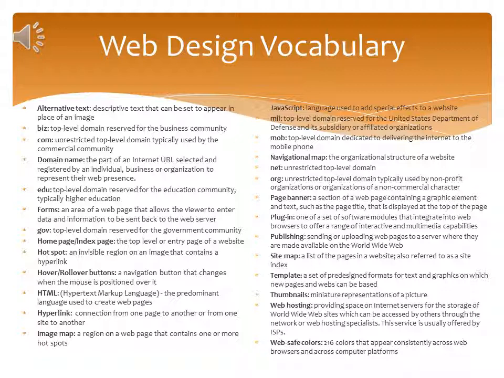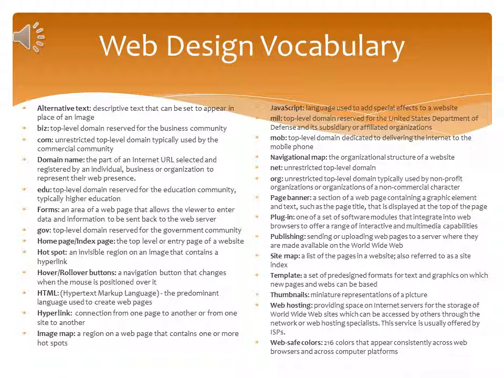A plugin is one of a set of software modules that integrate into web browsers to offer a range of interactive and multimedia capabilities. Publishing is sending or uploading web pages to a server where they are made available on the World Wide Web. A sitemap is a list of pages in a website, also referred to as a site index.